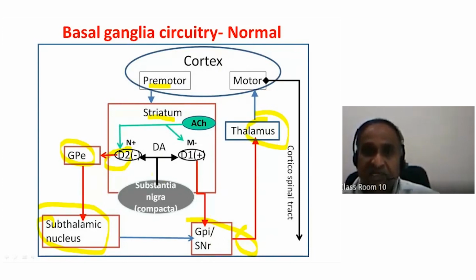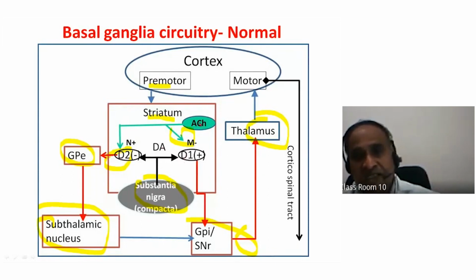In addition, these D1 and D2 loops are fine-tuned by the substantia nigra situated in the midbrain, and this substantia nigra has a projection to the D1 receptors and the D2 receptors.